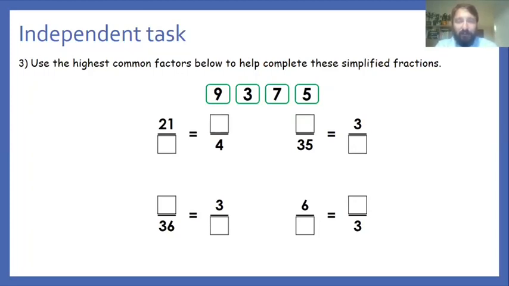Now what you should end up with is your fraction that has then been simplified. So for example, if you were to choose the 3, does that fit into both? Is that going to be a factor of your number, the highest common factor? Okay, bit tricky, give it a good go.